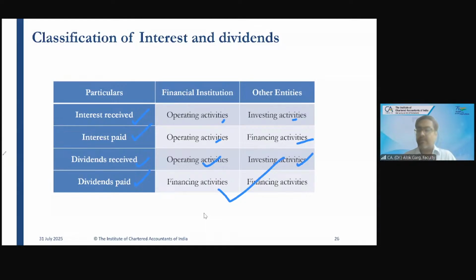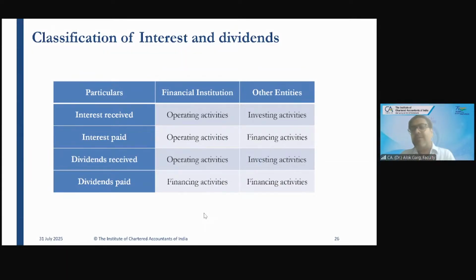Sir, I still have a question on dividend received. How come it will be an operating activity for financial institutions, sir? Because they always have surplus funds and they invest in a lot of instruments, right? They invest in mutual funds and in other companies' equity shares. This investment is part and parcel of their operations, because they have huge investments and deposit in liquid funds.